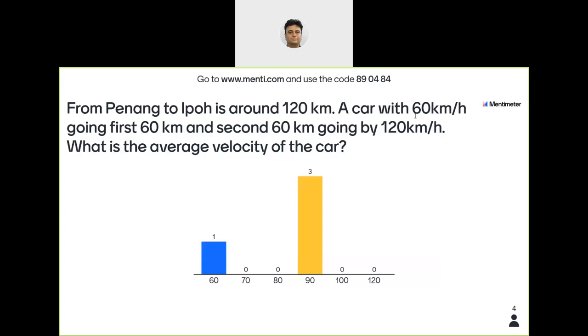Okay, come and reply. Half part 60, half part 120. What's the mean average velocity between 60 kilometers per hour and 120 kilometers per hour? What's the mean? Yeah, 90. Okay. Oh, 120.